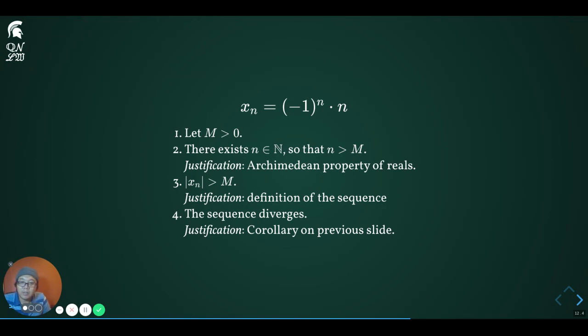Since n is the absolute value of x sub n, we conclude that with that n, we found using the Archimedean property, we found an element of the sequence that has greater absolute value than the starting m. Applying the corollary, we now see that the sequence diverges.